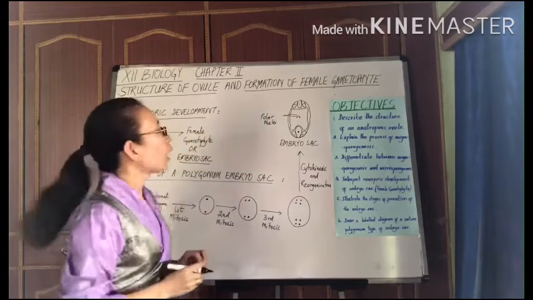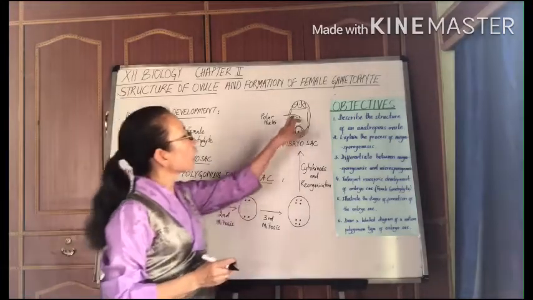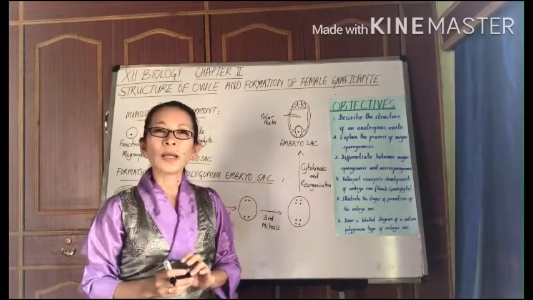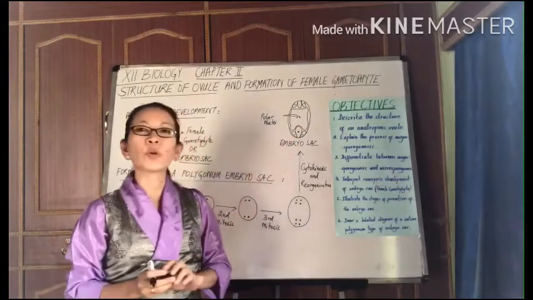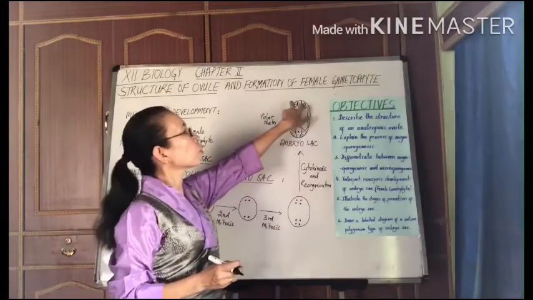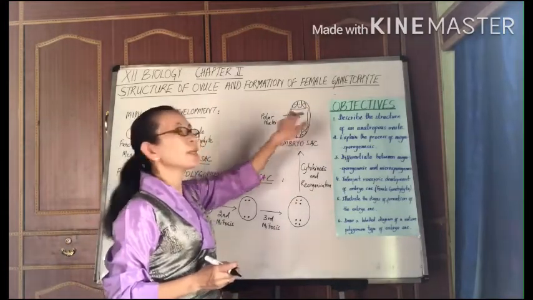Okay, and now what we see here is, if we count the number of nuclei, we can find that there are 8 nuclei, 3 at this end, 3 at this end, and 2 at the center.